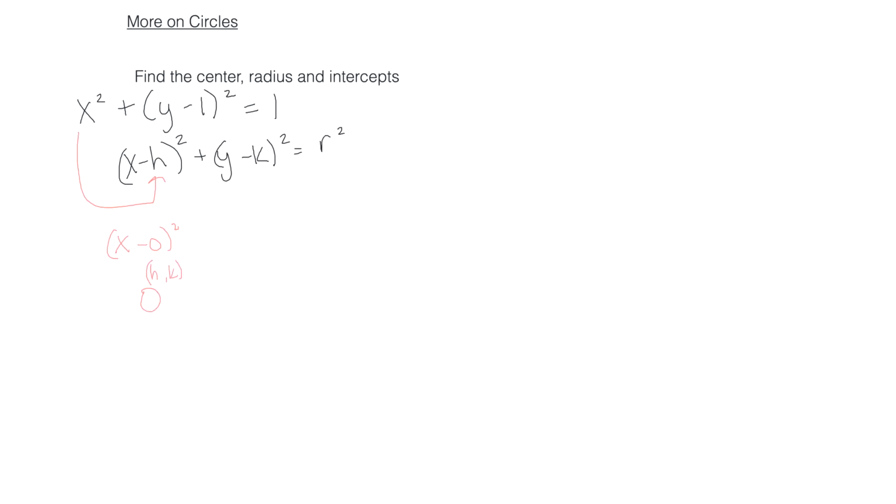So 0 is the first part of the center. Y minus 1, so 1 is the k part, the second part of the center. So that's your center. And this is the radius squared. 1 squared is 1, so my radius equals 1.